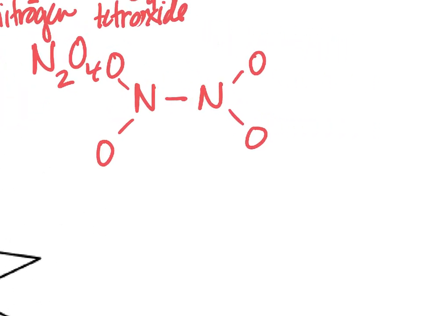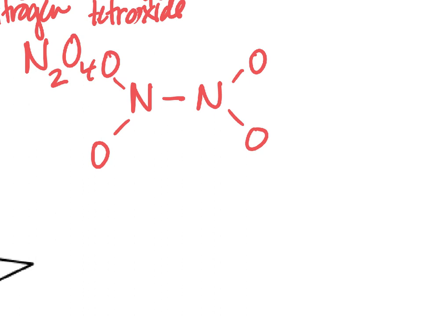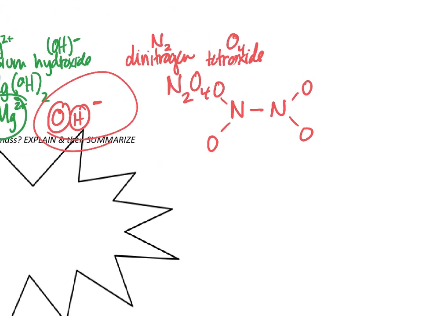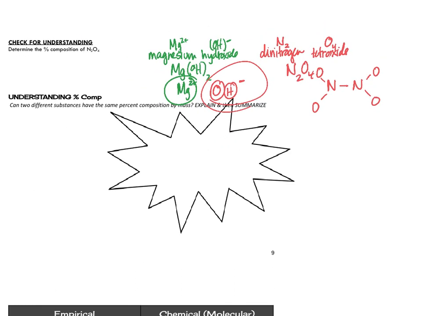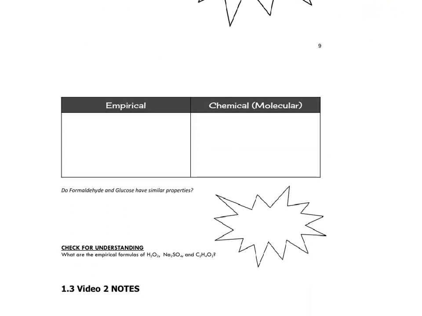Unless there's a chemical change. But in our dinitrogen tetraoxide, all of those electrons are shared. And so they're attached, so to speak. They've got the electrons in between the different atoms, and they're going to move all as one group. And so that's why we can see the same percent composition, but different formulas actually on molecular compounds. Okay? And that was long and drawn out, but that was kind of where we were going with this.